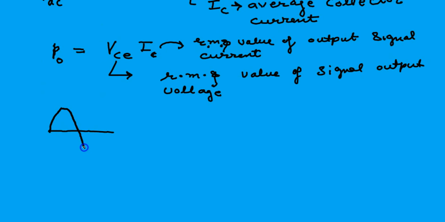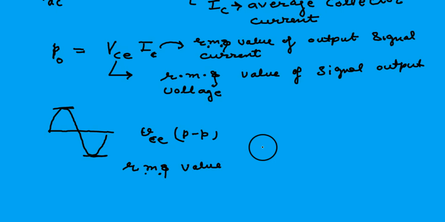Let this be a signal which is varying. Now the peak to peak value, VCE peak to peak, is converted to the RMS. How? First of all, it is taken as half, meaning the amplitude part.